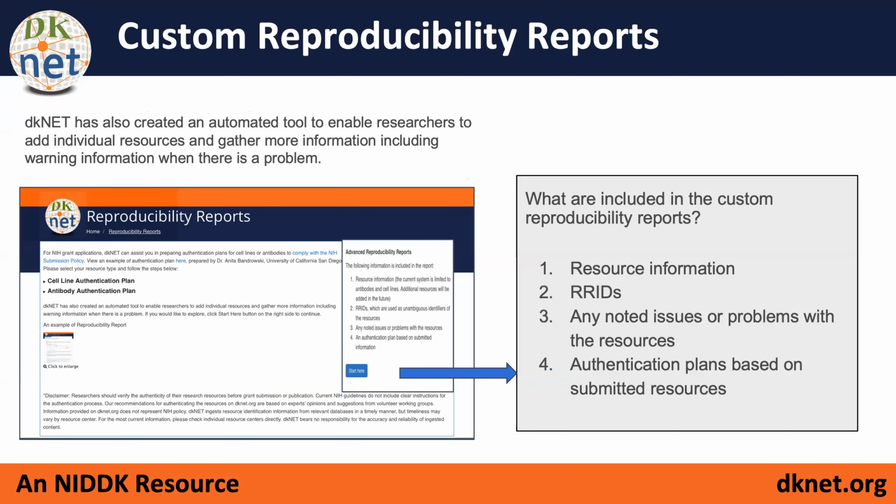And so through the reproducibility report section, we provide information, for example, on the main page without even adding any information about resources that you may be using. We already provide some of the information on the antibody authentication plans and those pillars, so that you can have that information. We also link to some of the information from NIH.